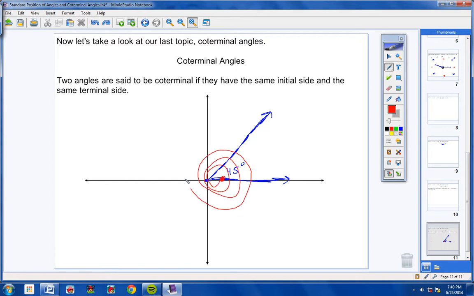Okay, I would like you, go ahead and copy this in your notes please, on another coordinate plane if you would. There we go. I would like you to find, and let's call this angle from here to here.